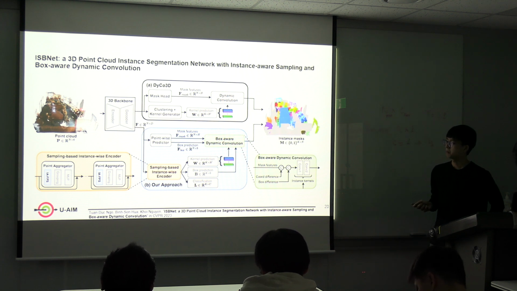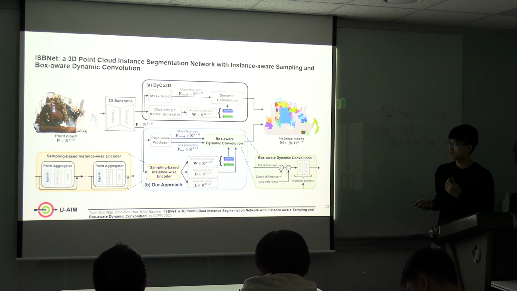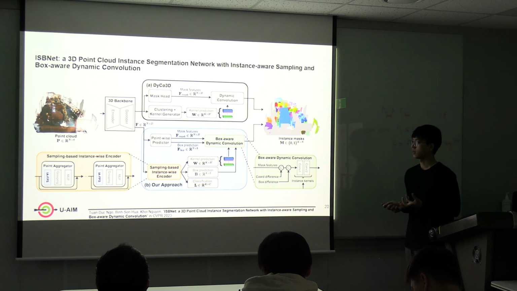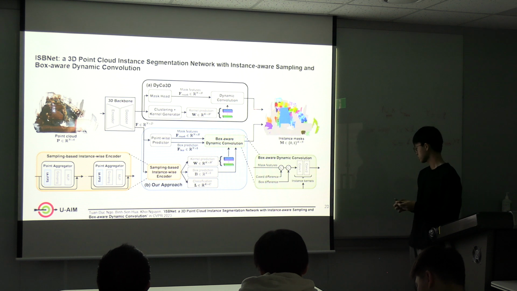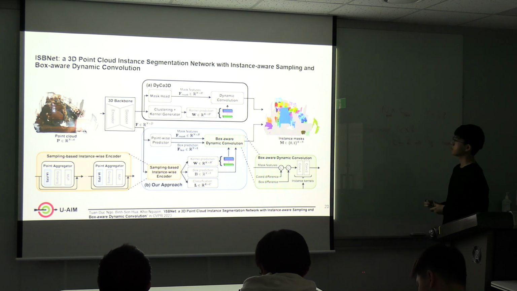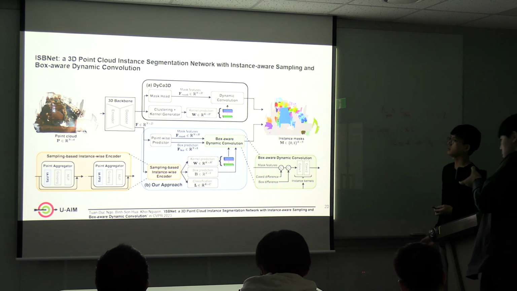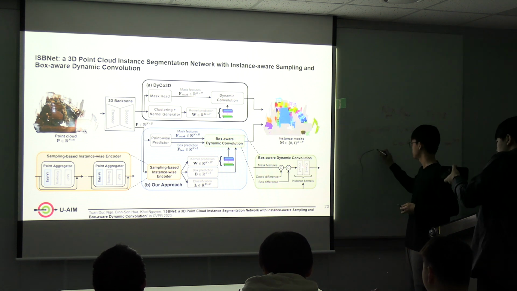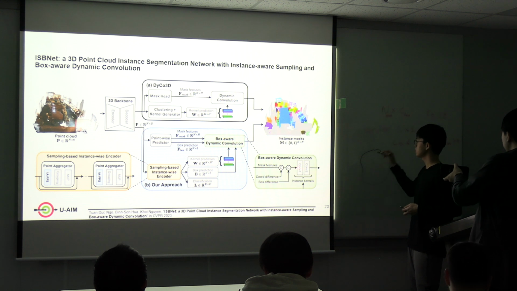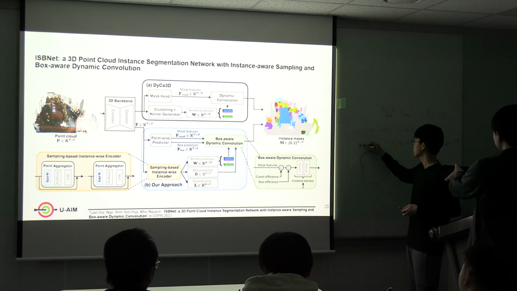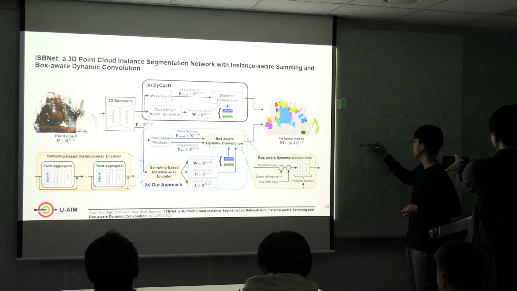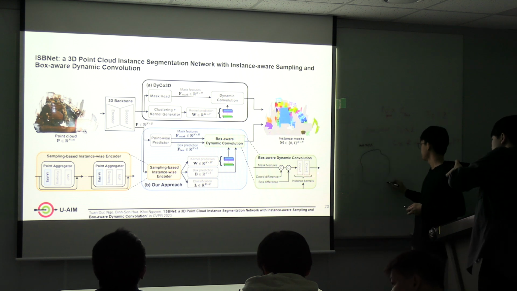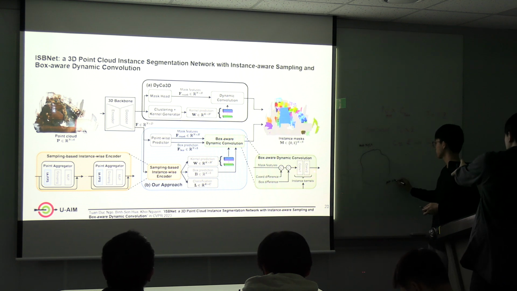They realized that just using the appearance feature here is not enough to get a good result, so they try to utilize additional data like the bounding box, because the bounding box in point clouds is very easy to obtain. Like you have the point cloud here, and you just get the maximum x, y, z and the minimum x, y, z.